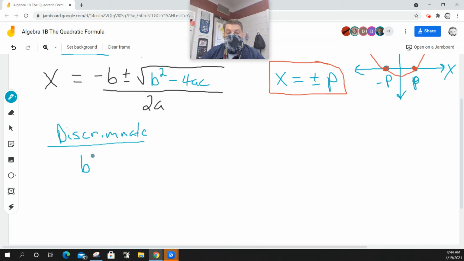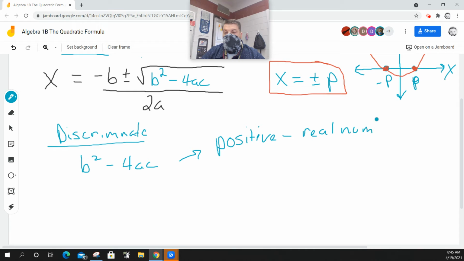So the discriminant then is this b squared minus 4ac. And it has two scenarios. If that discriminant is positive, be sure to write this down, then that means real number solutions.